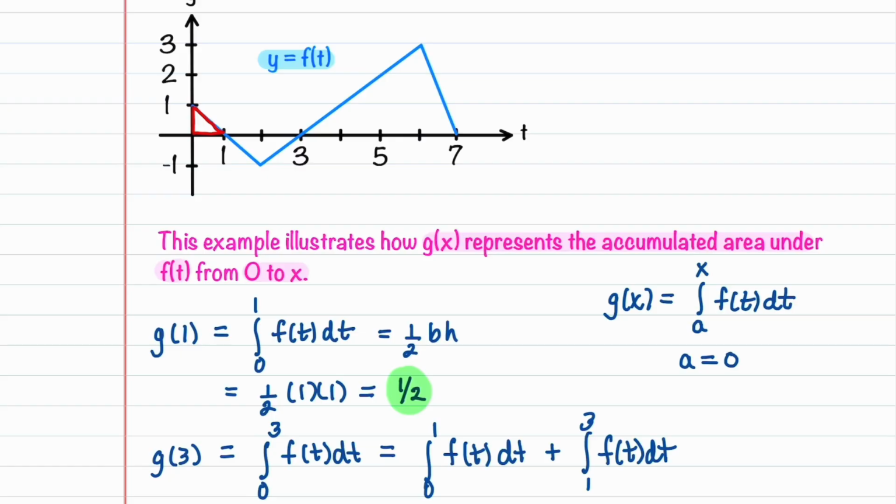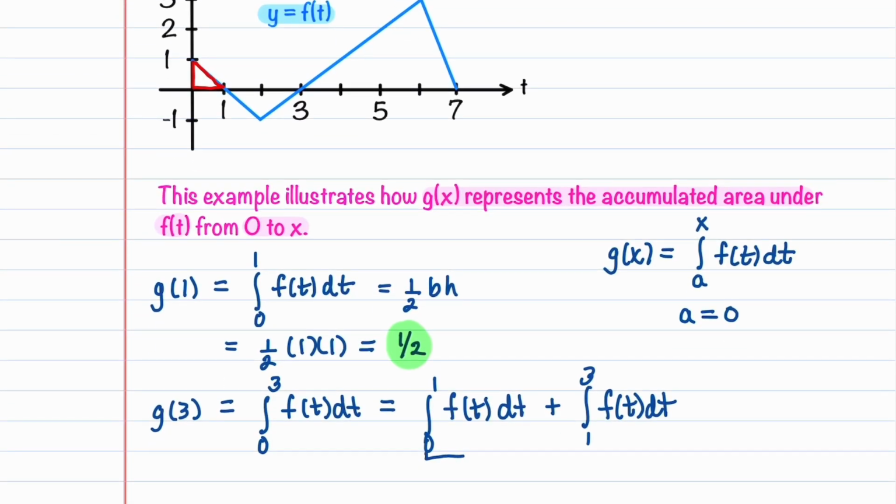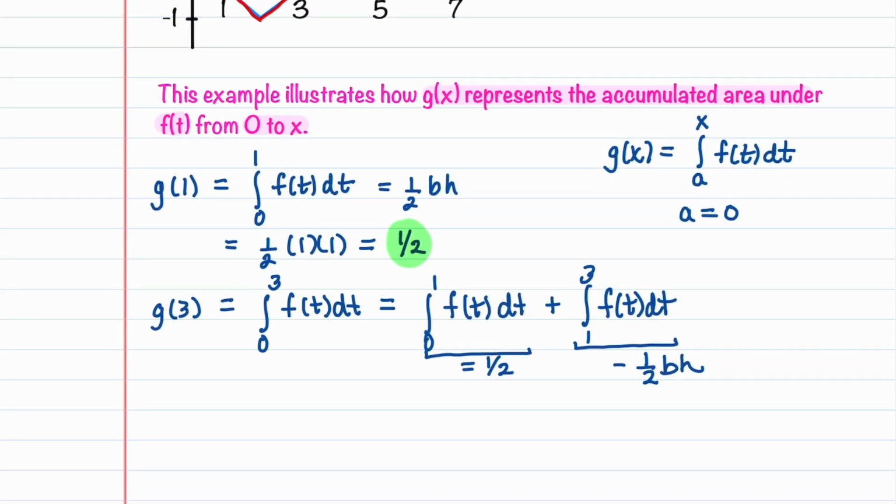That way we don't have to do double the work. This integral we already found to be equal to 1/2, and then this integral is this area right here up on our graph, and because it lies below the x-axis, it is going to be equal to minus 1/2 its base times its height.